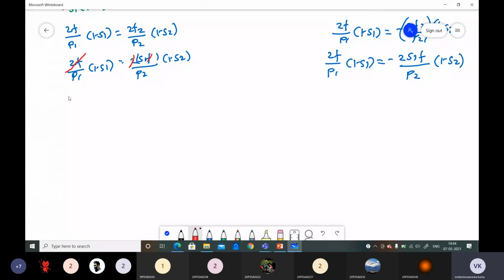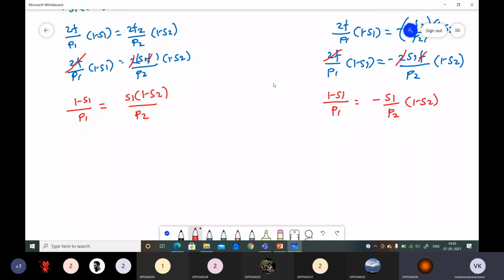Now the remaining terms are 1 minus s1 by p1 equal to s1 into 1 minus s2 by p2. Here 2f cancels, so 1 minus s1 by p1 equal to minus of s1 by p2 into 1 minus s2.